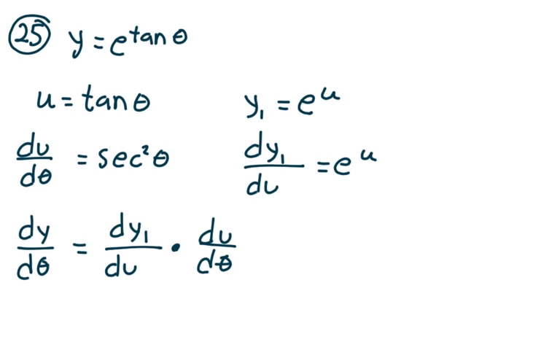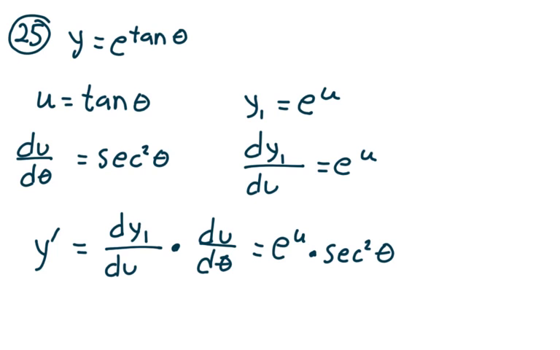Okay. Now, probably what we could do to avoid confusion, call this y prime. Okay, because really we're taking the derivative of y with respect to theta. So this is e to the u times secant squared theta.